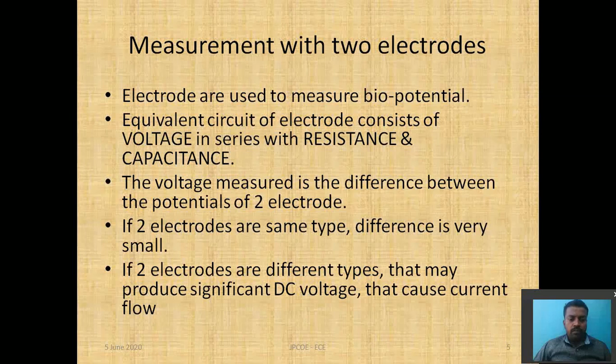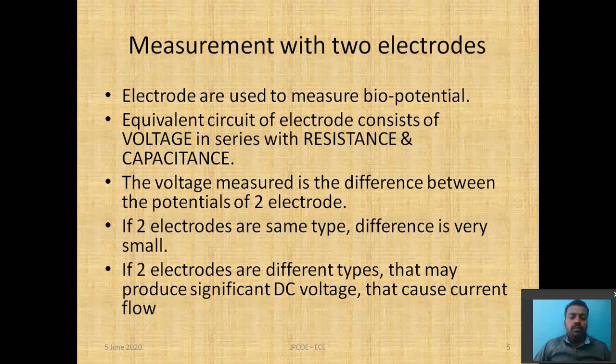The two electrodes are the same type, so the potential difference is very small. Then only we can measure the true or original biopotential from our cell.